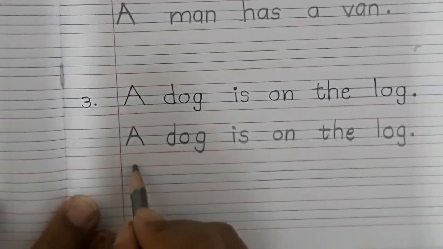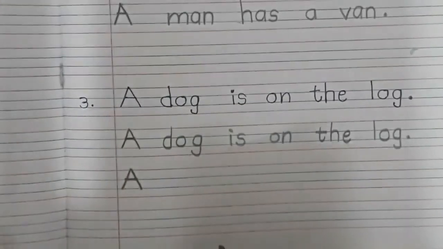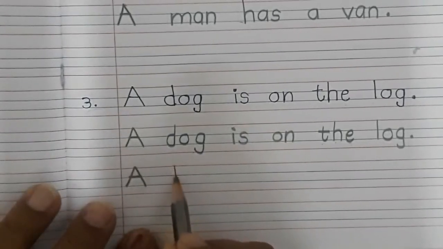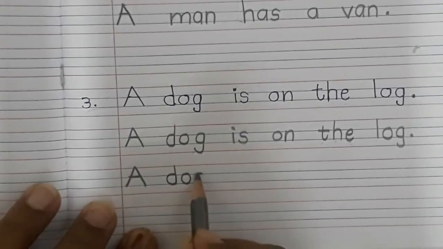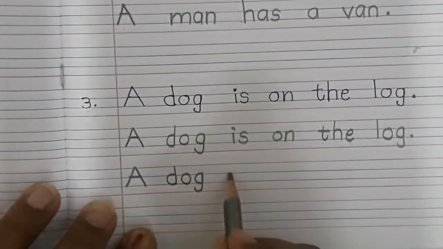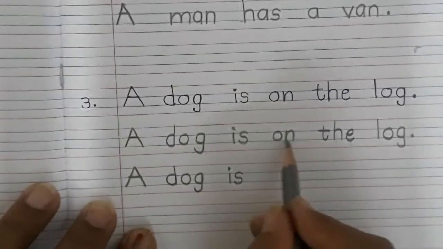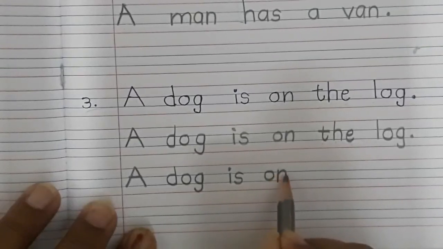Again we will write capital A, leave one finger space, then D, O, G, dog. Is. O, N, on.